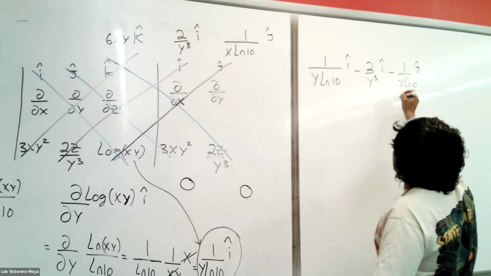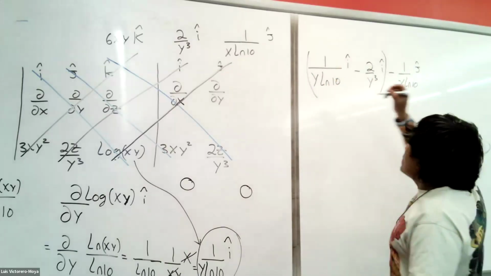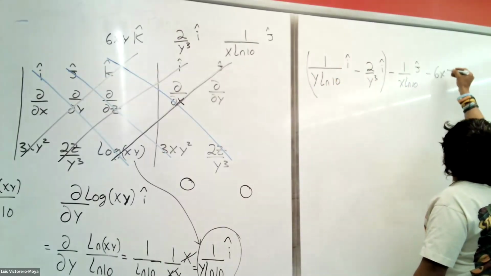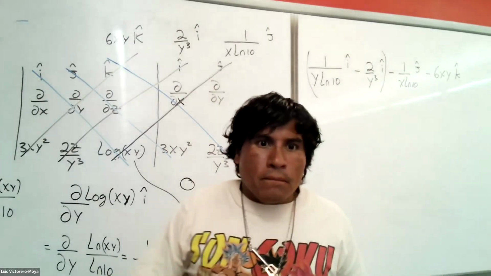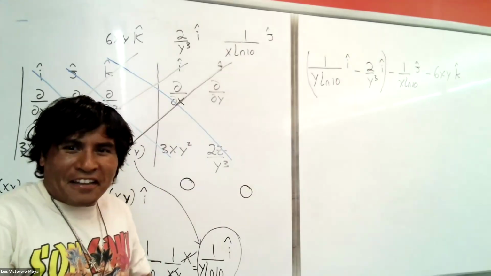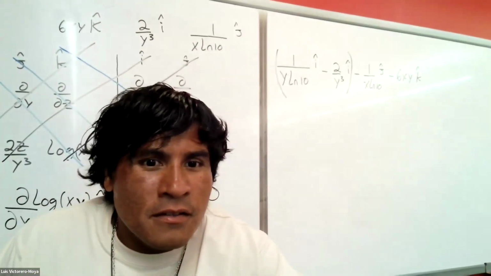So that's the I, the j, and the k minus 6xy. Can sort of see that, right? Let's bring this closer. See there.